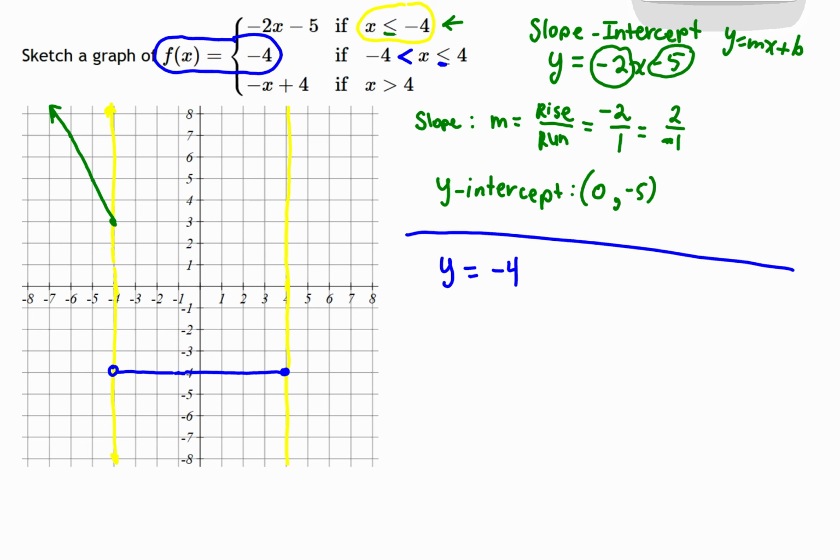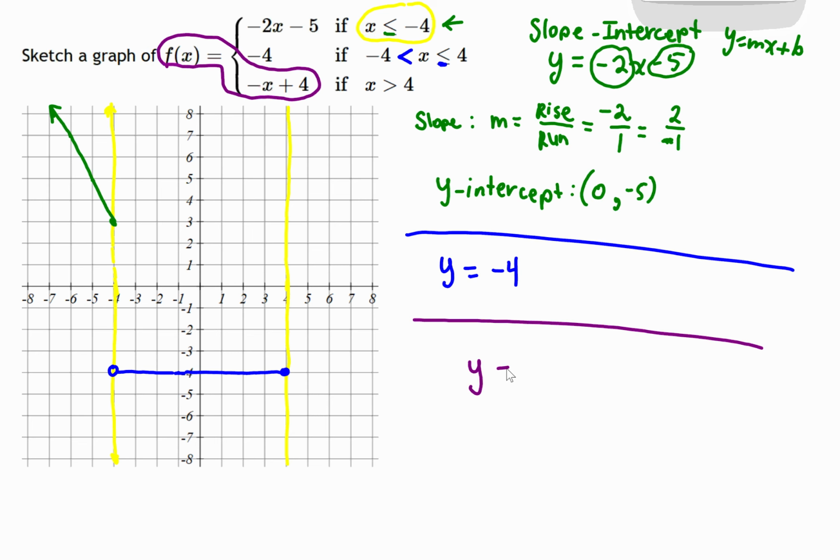Right, now we can move on to the next piece, the third and final piece. We'll use another color. And this time, y equals -x plus 4. Okay, and I'm going to write it in mx plus b form.